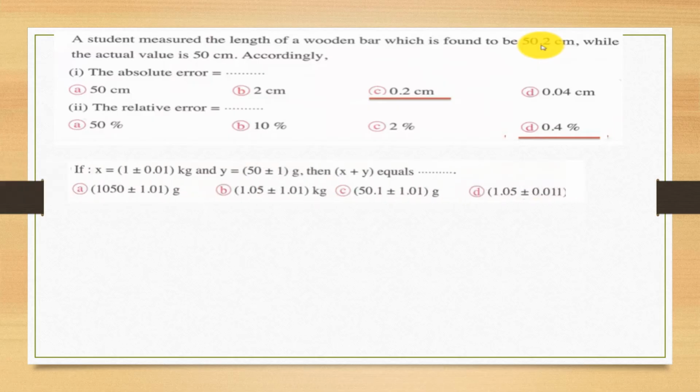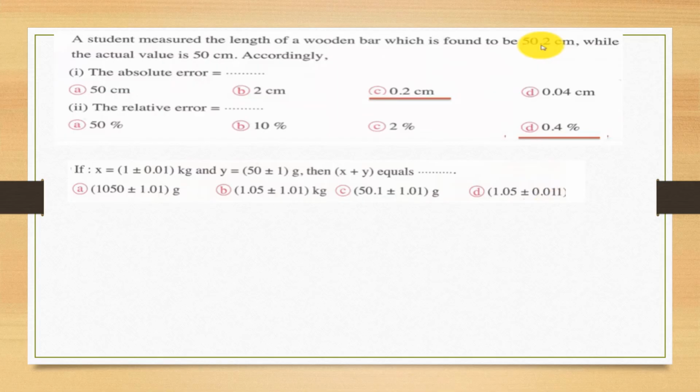If x equals 1 plus or minus 0.01 kilogram and y equals 15 plus or minus 1 gram, then x plus y equals: 1050 plus or minus 0.001, 1.05 plus or minus 1.01 kilogram, 15.1 plus or minus 1.01 gram, or 1.05 plus or minus 0.011.